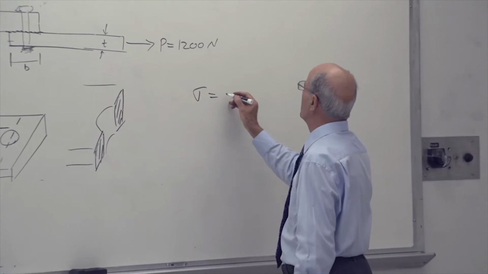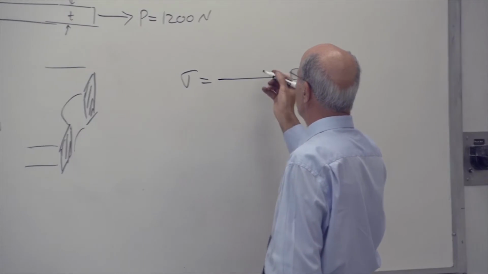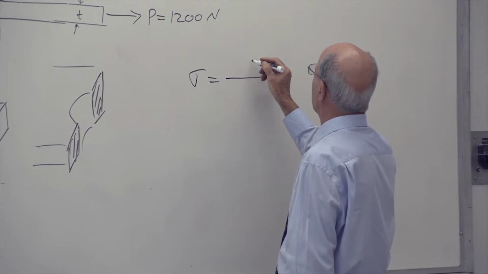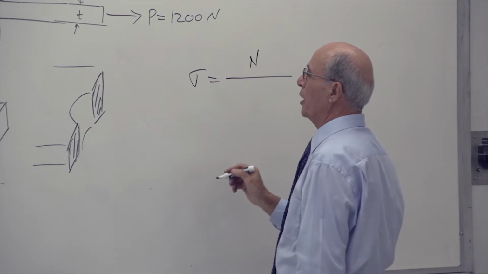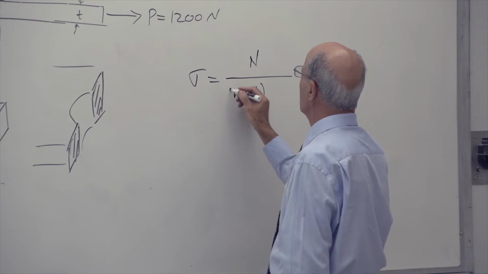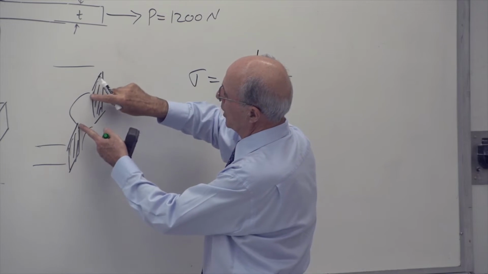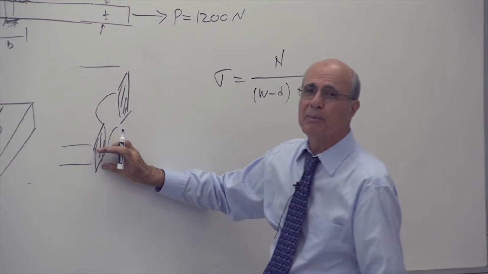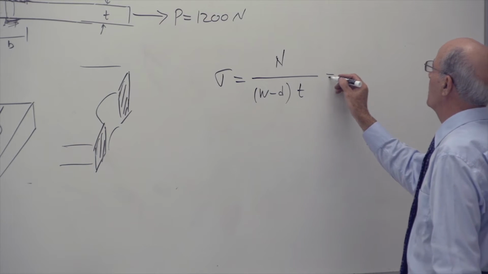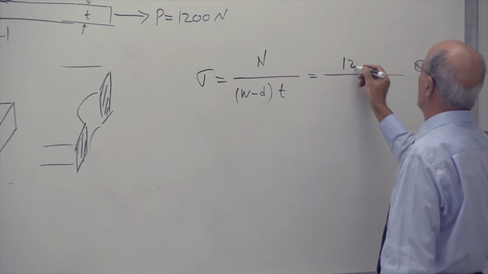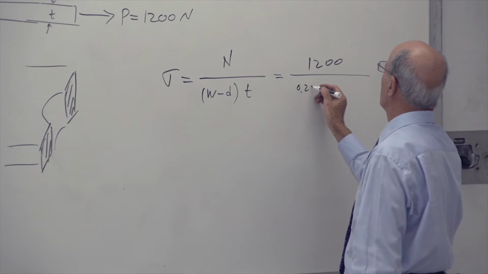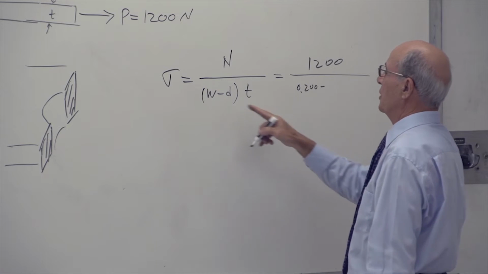Therefore, sigma becomes the force. This time, let me put it in general, then I put numbers there. So I put the force, which is the normal force, divided by area. The area here becomes W minus D, multiplied by thickness. So the thickness remained the same. For our problem, that was 1200, and then W was 0.2 minus diameter.